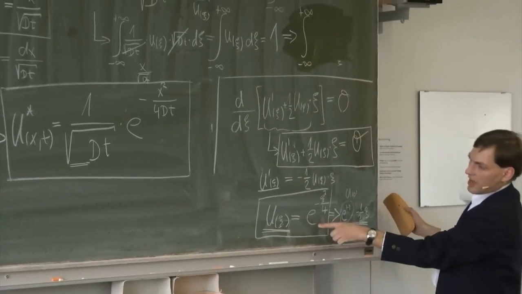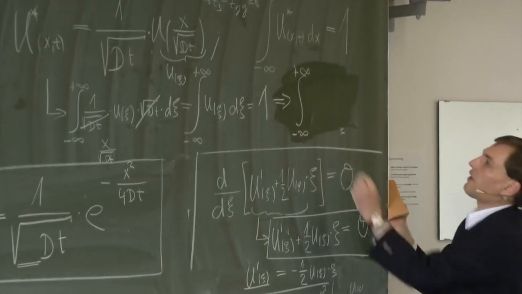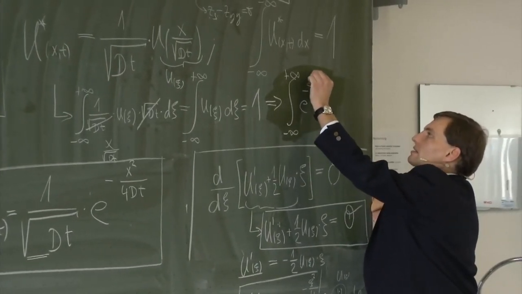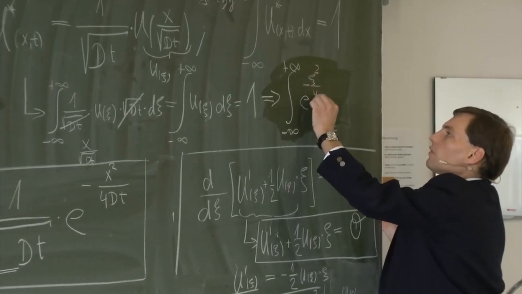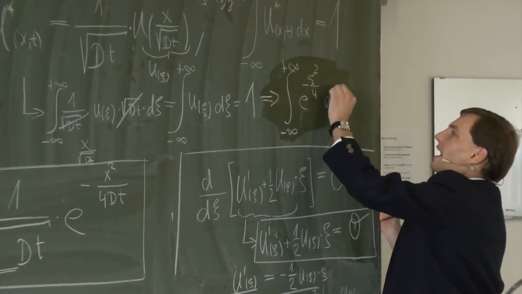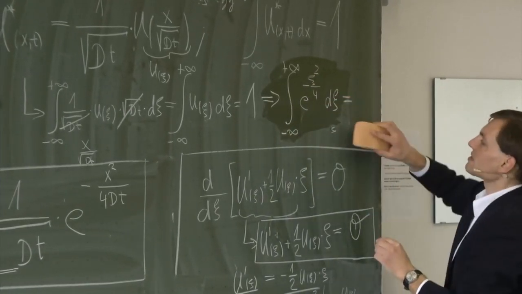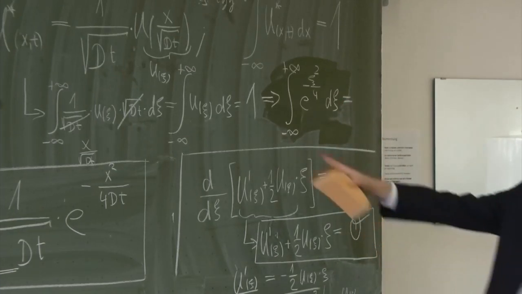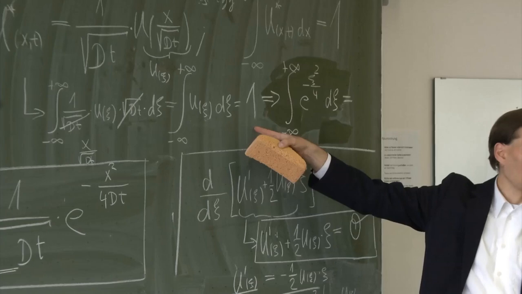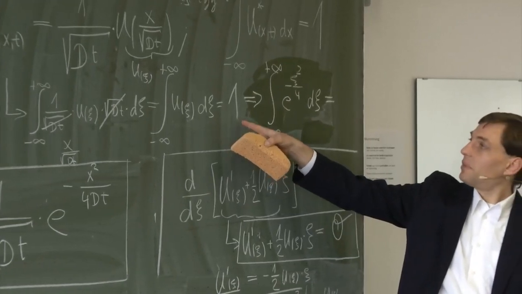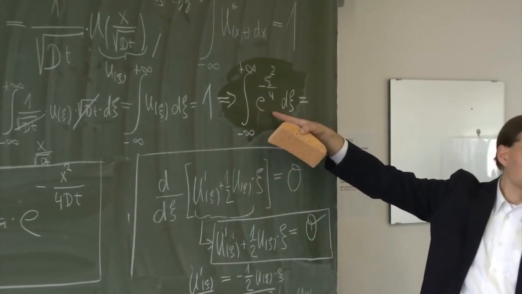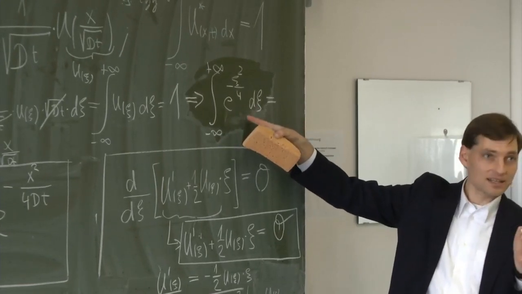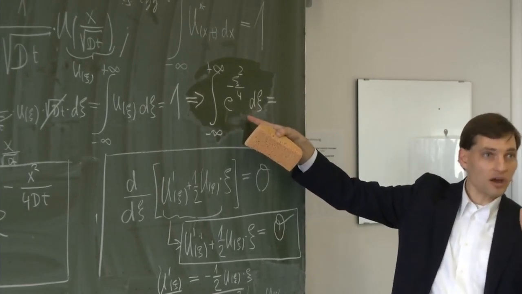For u, I got this nice exponential function. So let's write it right here: e to the minus xi squared over 4, d xi. And the question is, what is this integral? It must be 1 in the end. But we will calculate this integral now, and we will see that it is, unfortunately, not 1.